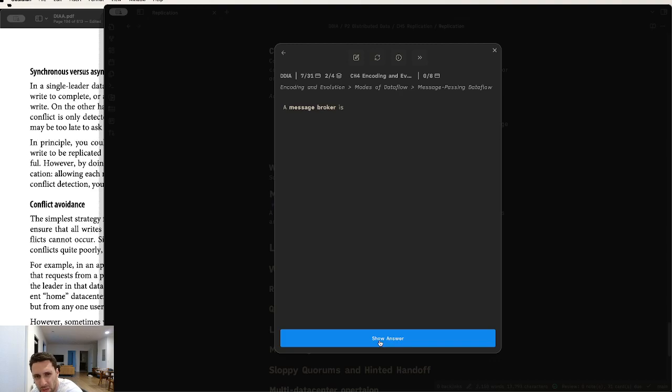A message broker. A message broker is an intermediary.